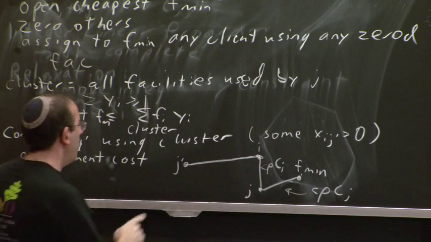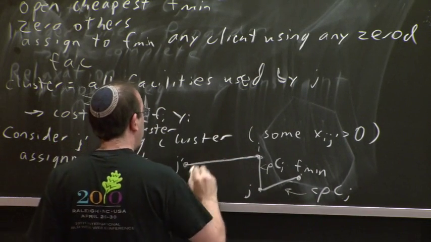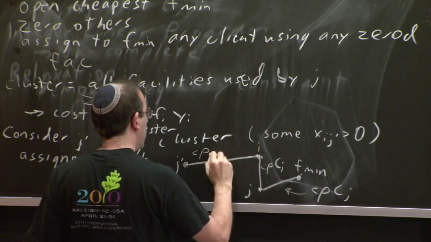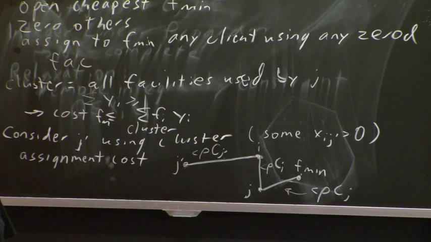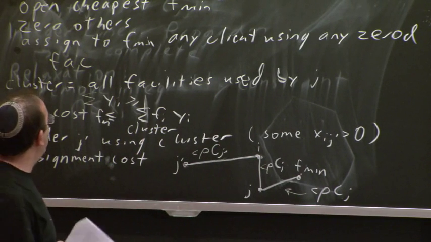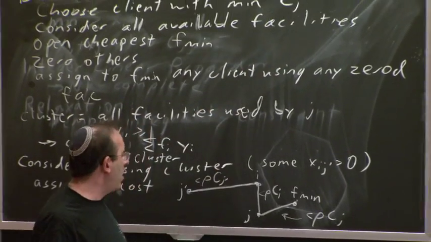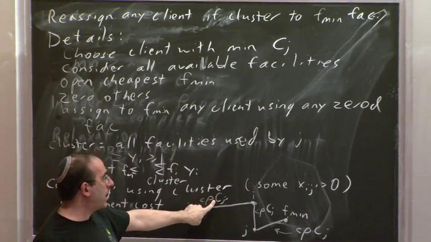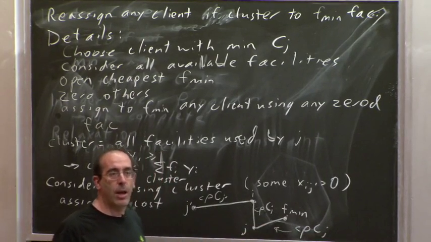Okay. On the other hand, this quantity, from j prime to I, is less than rho times cj prime. Right? But remember that we picked the smallest cj. So here we have something which looks like cj prime, and here we have two other things which look smaller than cj prime.